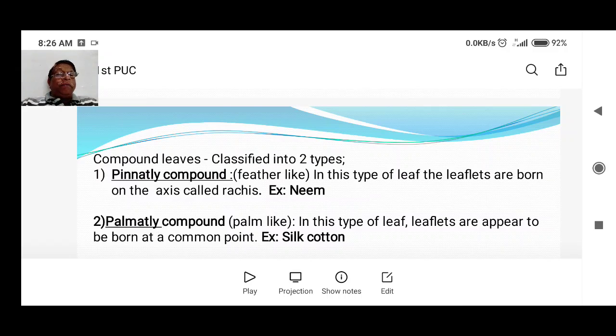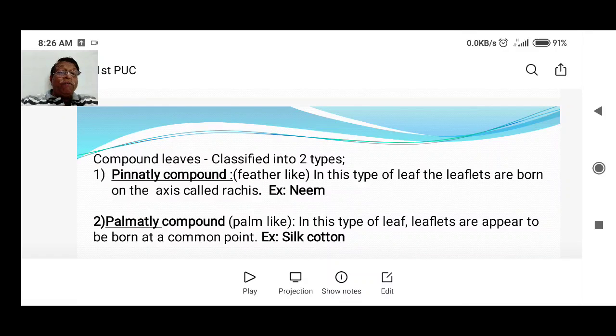Pinnately compound is a type of leaf in which the leaflets are borne on the axis. We call rachis. Axis is called rachis. If the leaflets are borne on the rachis, then we call pinnately compound.